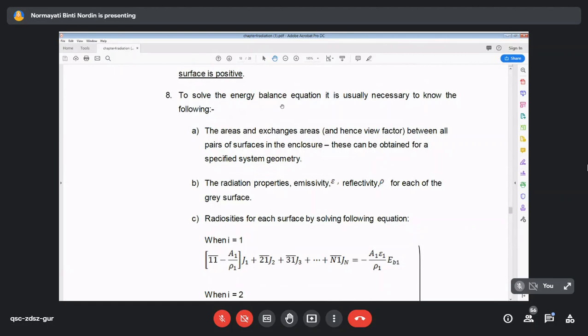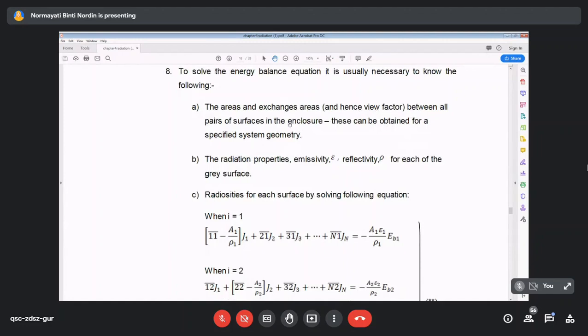Then, to solve problems related to radiation exchange between grey surfaces, first you have to solve for the exchange areas. Of course, when we say exchange area, it means the view factor. For example, for 1 to 2, you should find the F12 value, which is the view factor.